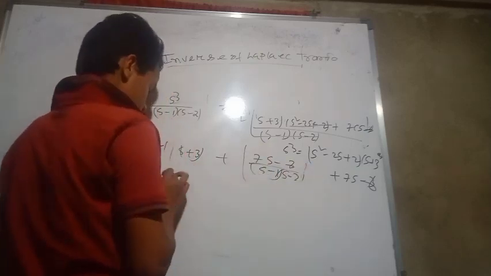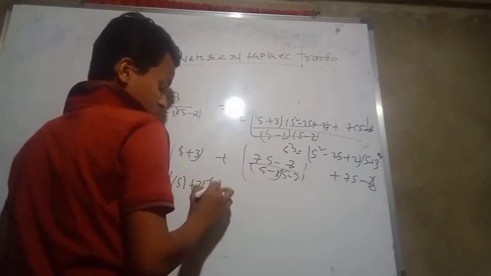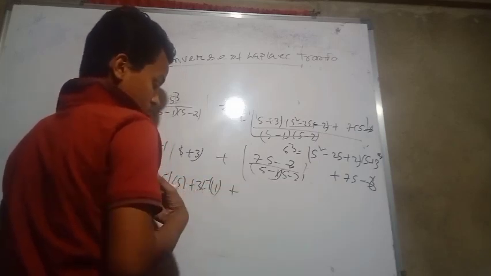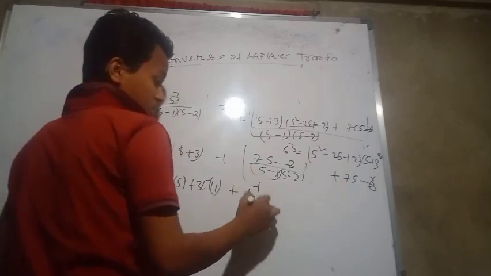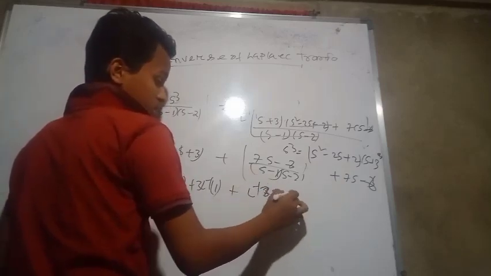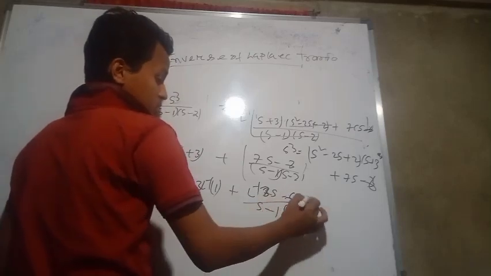So that gives us the inverse Laplace transform of s plus the inverse Laplace transform of 1. Okay. So the inverse of 7s minus 6 upon s minus 1 and s minus 2. I am doing this; you can do it mentally.